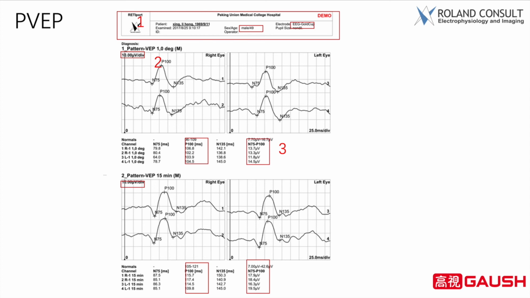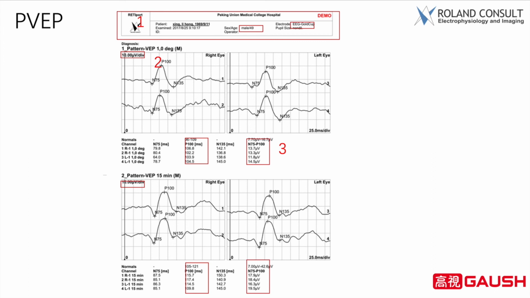Thirdly, in the number 3 red frame, we check the peak time and amplitude of P100, and compare them with the normal values shown in the table. In this case, binocular PVEP 1 degree and 15 minutes spatial frequency P100 amplitude and peak time were normal. The normal peak time of 1 degree spatial frequency P100 is about 90 to 110 milliseconds, and the normal peak time of 15 minutes is slightly later than that of 1 degree P100 by 5 to 10 milliseconds.